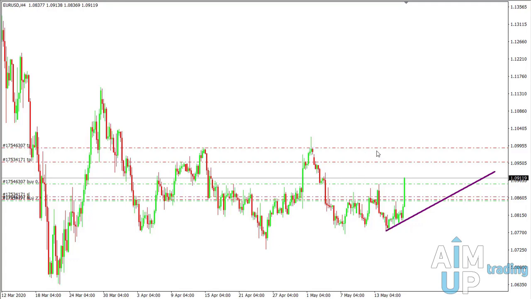Also, we set our take profit maybe way too high. Most likely we'll close our position before it reaches the take profit, and the reason for that is we usually go for about 80% of the movement, so 80% of the previous respected high. Of course, this is not always the case.